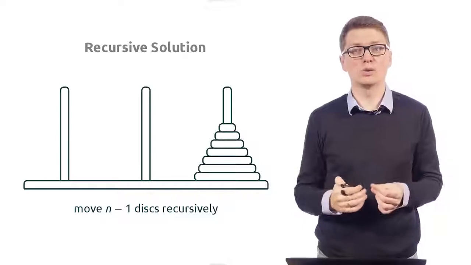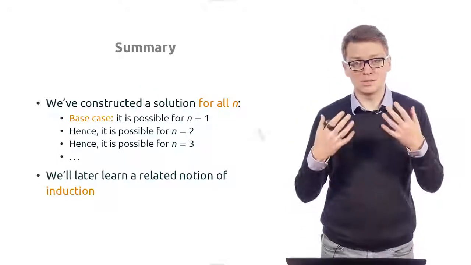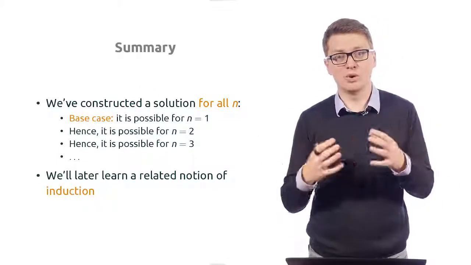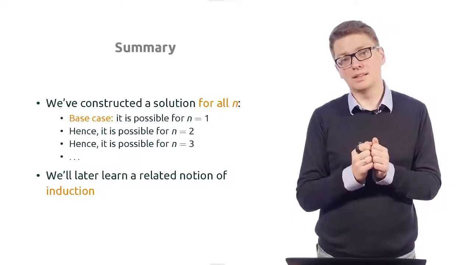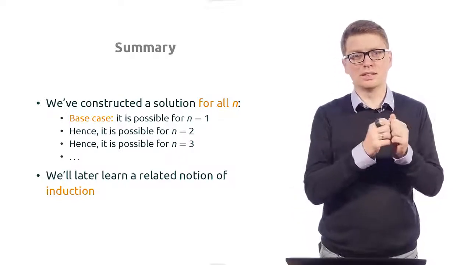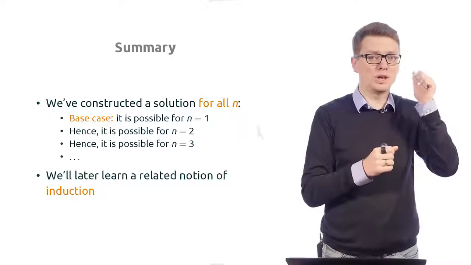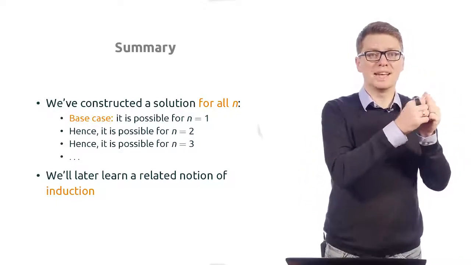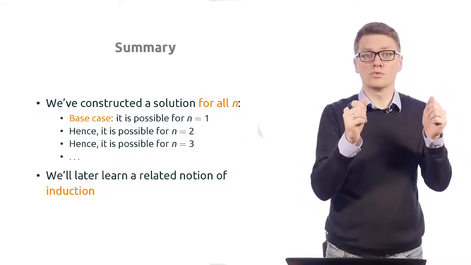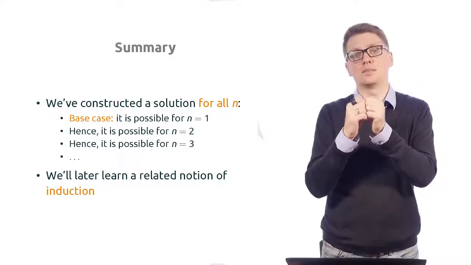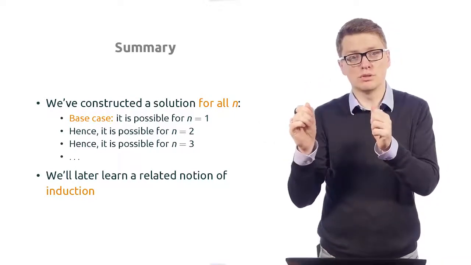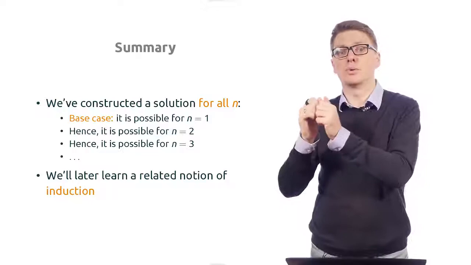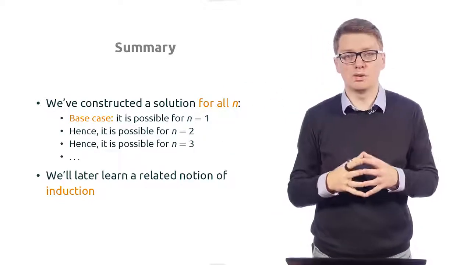So essentially what we've proved is that it is possible for every value of n. We can consider this, for example, like this. We know that it is possible for 1, then it is possible for 2, right? Then, since it is possible for 2, it is also possible for 3, and so on. So it will be possible for all the numbers.